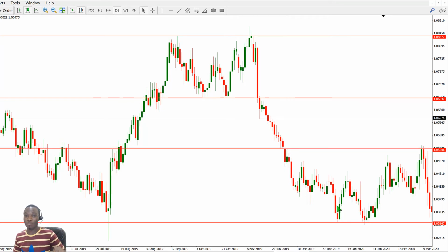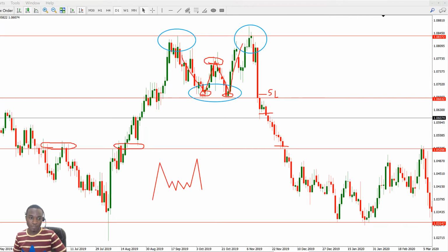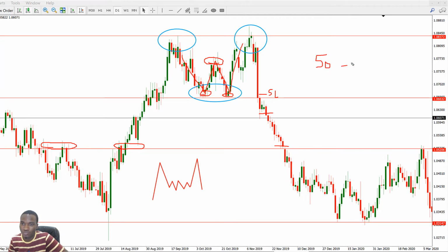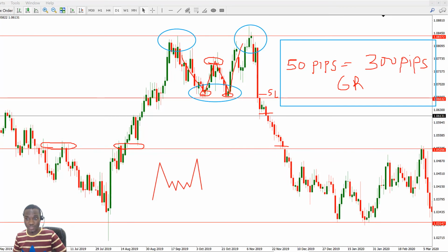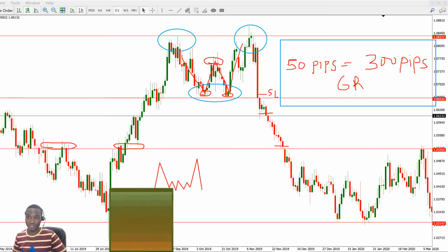Wow, that is wonderful. That is a 6 to 1 reward ratio. Isn't that amazing? Yes, it is.